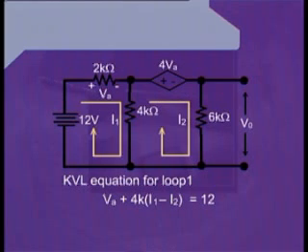After writing this voltage drop across the 4 kilo ohm resistance, we come to the negative terminal of the 12 volt independent voltage source, which has a value of 12 volts. Therefore, we equate these terms to 12. Simplifying it, we can write VA plus 4K I1 minus 4K I2 is equal to 12.